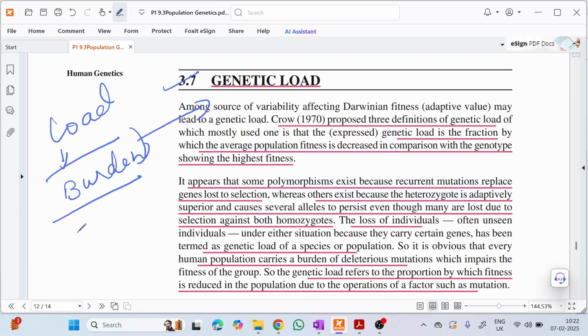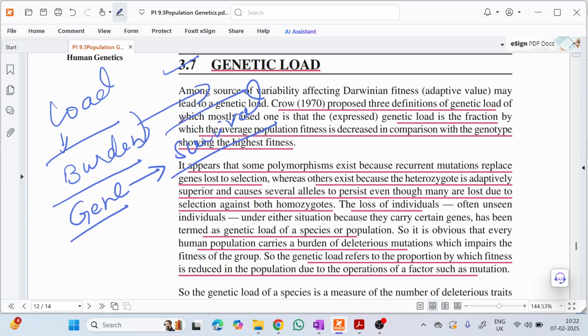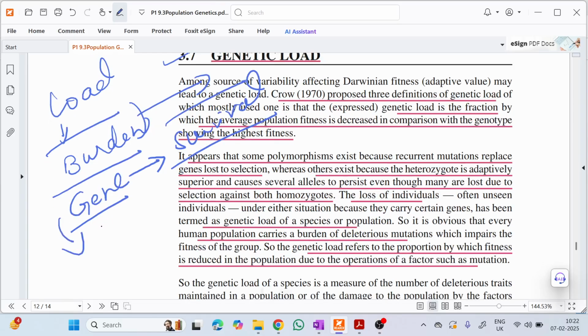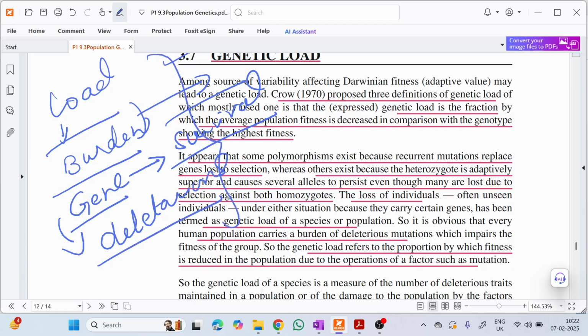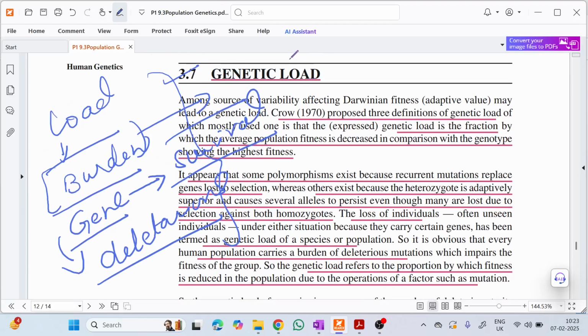So, we are talking about a particular gene or group of genes that do not help in the survival of a particular individual, and if they persist in a particular population or species, they will have lethal or deleterious consequences. So the presence of those genes which do not help in survival act as a burden, and the presence of such genes is known as genetic load.